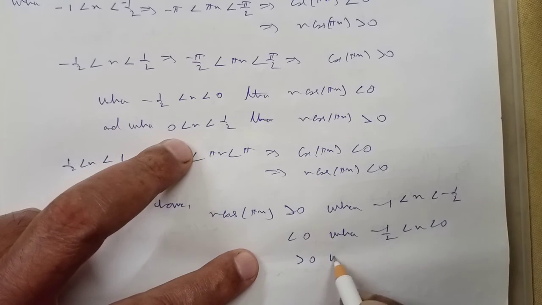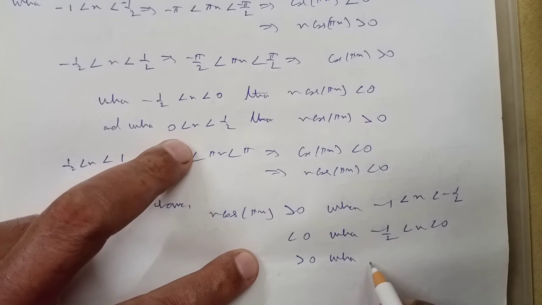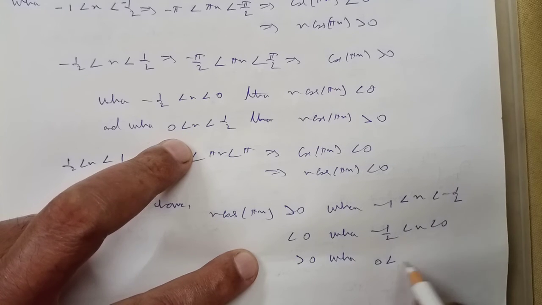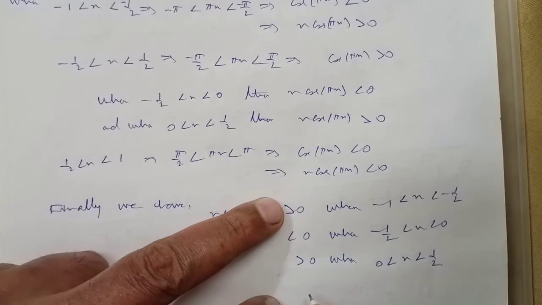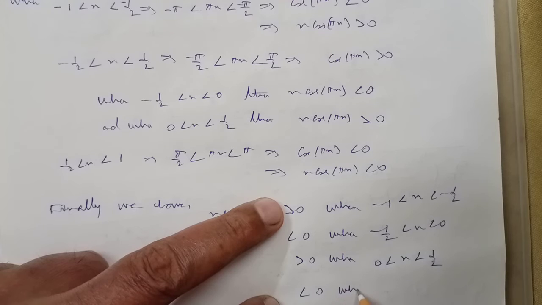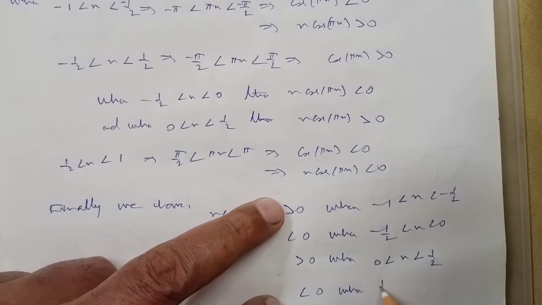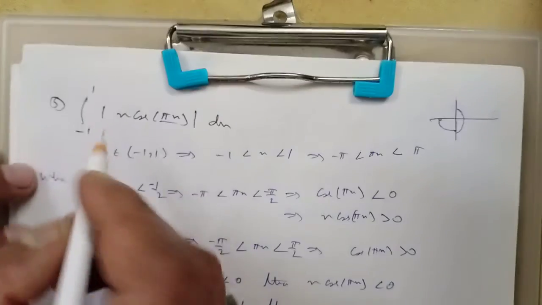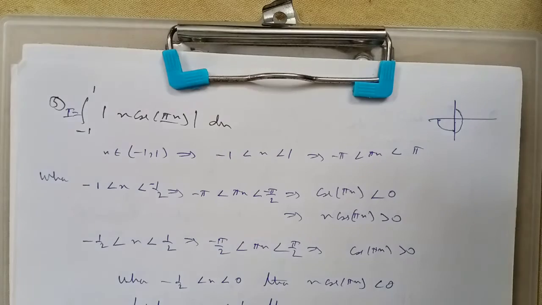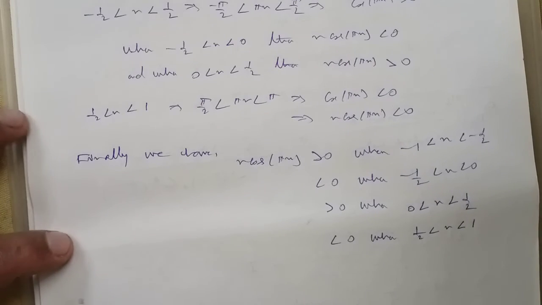This is greater than 0 when x is more than 0, less than half, and this is less than 0 when x is more than half, less than 1. So if we consider our initial integral as I, it will be split in this way.